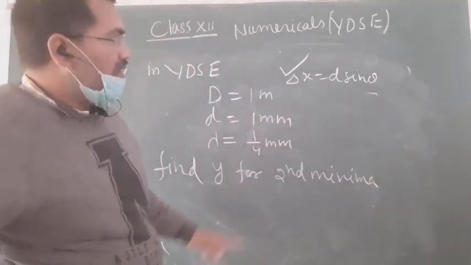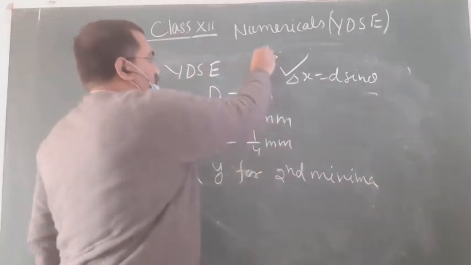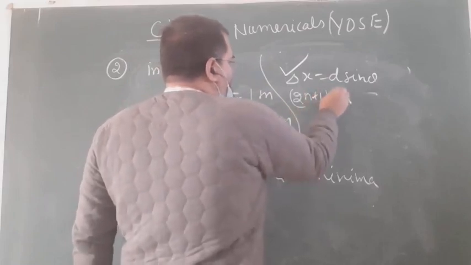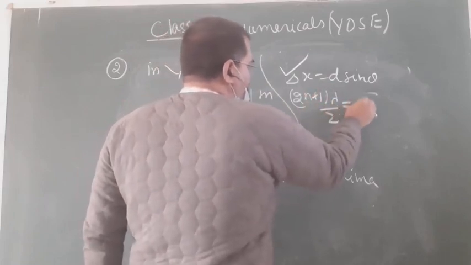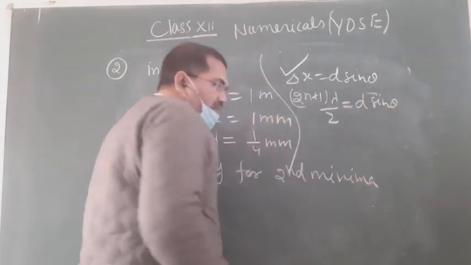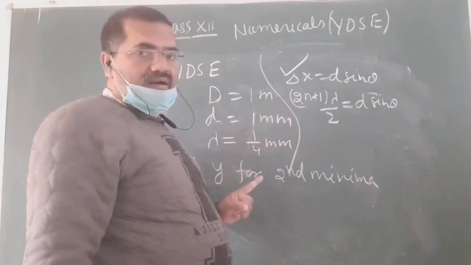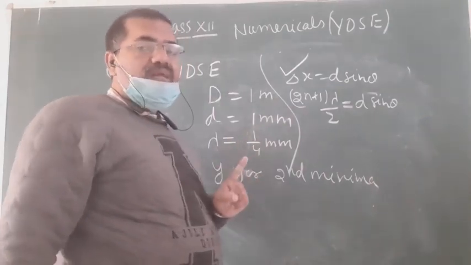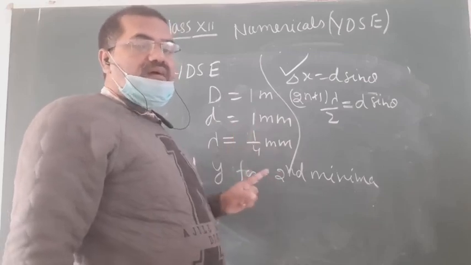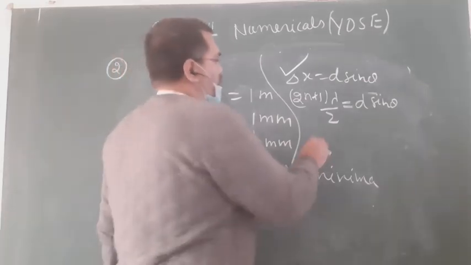So for minima, the general equation is delta equal to (2n plus 1) lambda by 2, which is d sin theta. For first minima you should put n equal to 0. For second minima you should put n equal to 1.